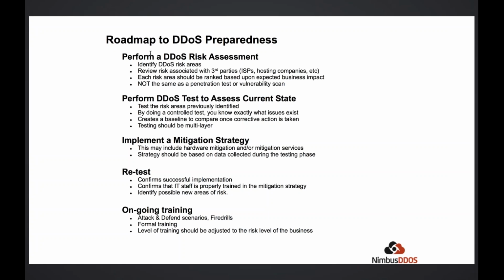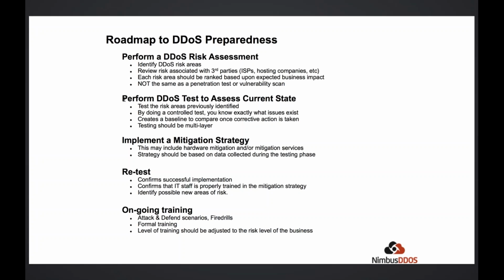In many ways, it's not unlike a vulnerability scan. Like I'm sure a lot of you have done pen testing and vulnerability scans, and it's very similar to that, except that the focus is on DDoS, whereas pen testing and vulnerability testing, that's more about preventing people from breaking into your environment. So there's a different focus, and they're not really the same thing, but they have the same mindset, is what I like to say.